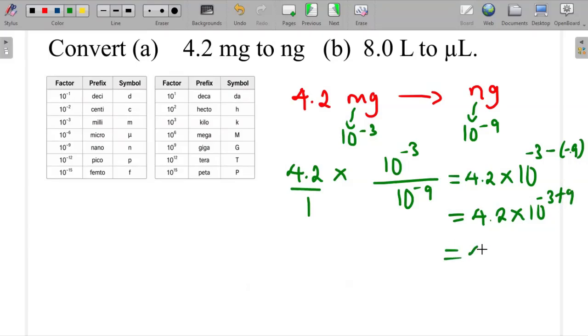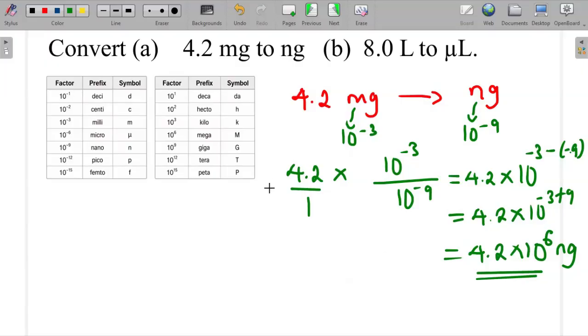And that will just be 4.2 times 10, minus 3 plus 9, that is positive 6. And what are the units now here? These are nanograms. Okay, so 4.2 milligrams is the same as 4.2 times 10 to the power 6 nanograms.